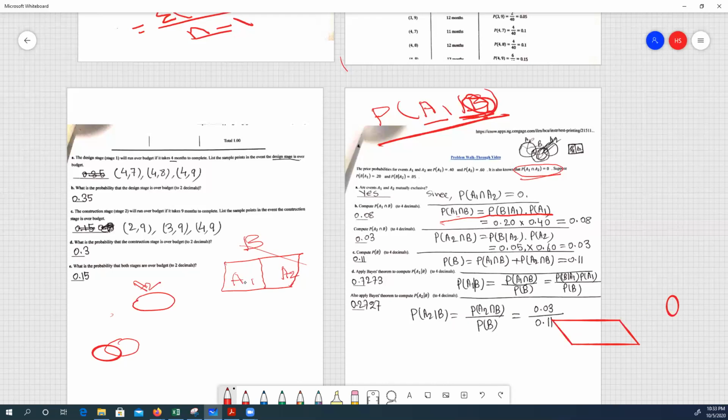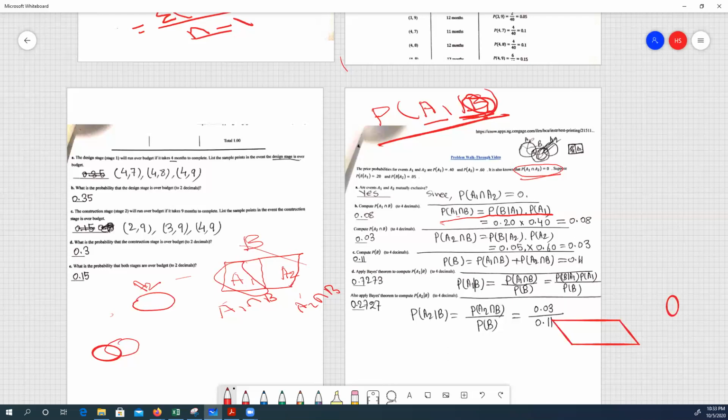So this part is actually A1 intersection B, and the second part, this part, is A2 intersection B. So if you add A1 intersection B and A2 intersection B, then you will get the total B. So that's why the probability of B is the probability of A1 intersection B plus the probability of A2 intersection B, which is 0.08 plus 0.03.